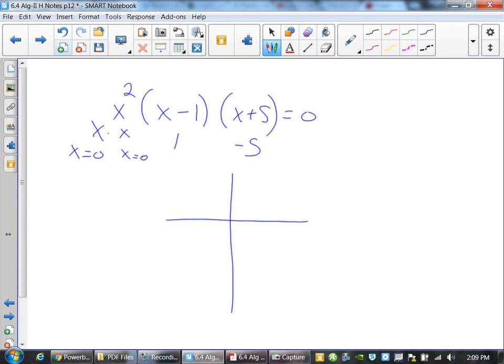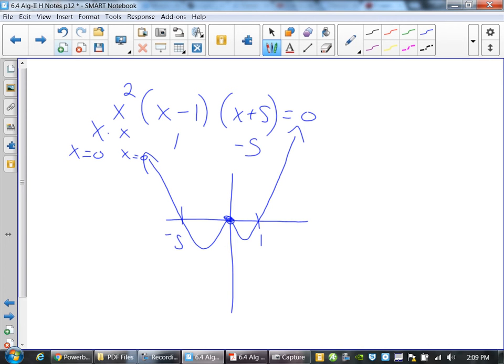A 4th degree polynomial, in this case, would be tails up, because the first term was positive. If you FOILed it out, that's what it would look like: -5, 1, so tails up. That's all it means.